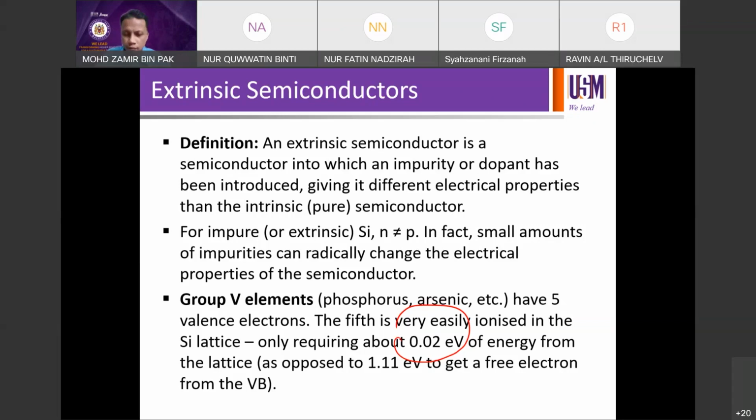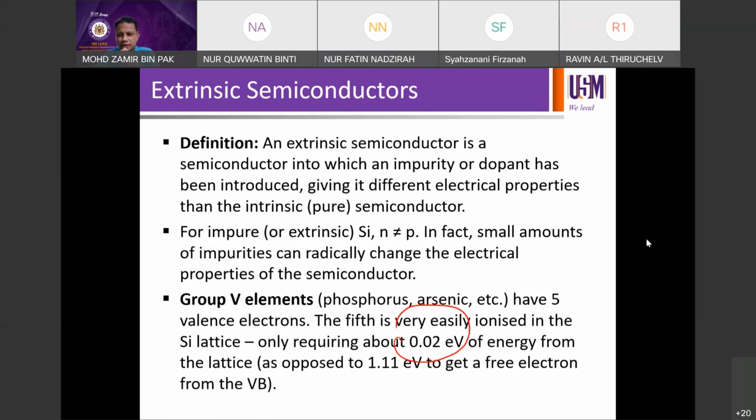We've added the dopant in but they're not active. What happens?